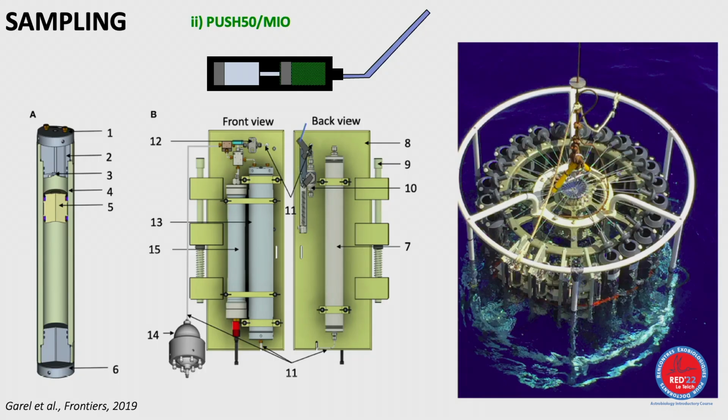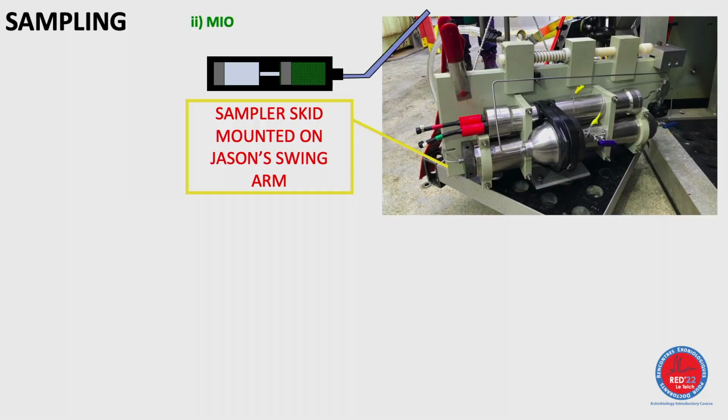And we also used, as I said, the MIO sampler. This sampler is usually used for sampling the deep sea water column. So it's mounted on a CTD, and it goes down the water column. But here the challenge was to make it available for deep sea sampling with the ROVs. So we adapted this sampler, and it was mounted on one arm of JASON, the swing arm, the left one.